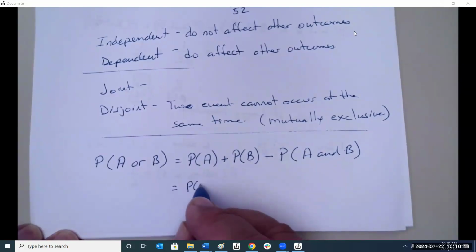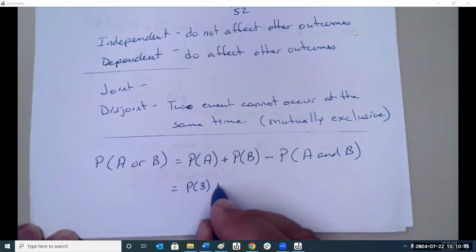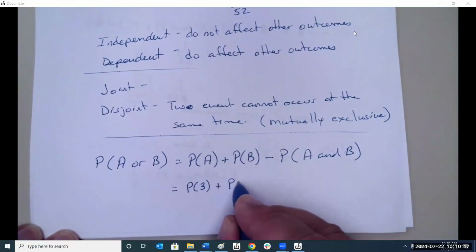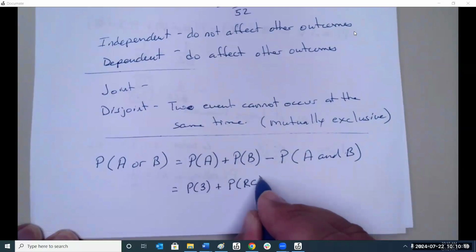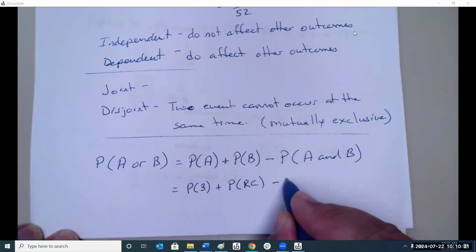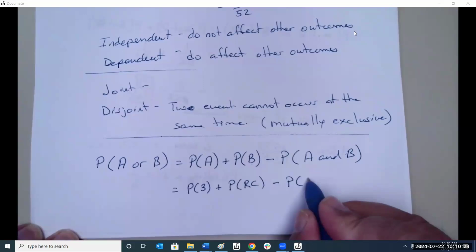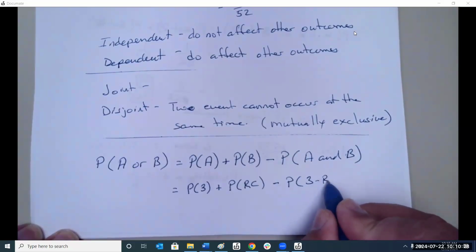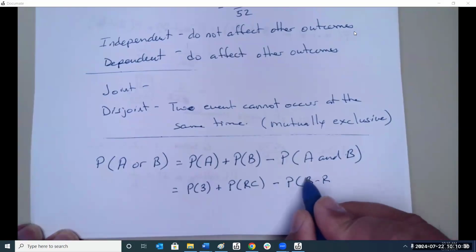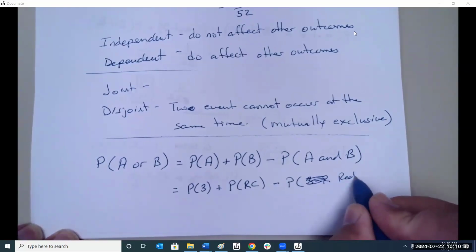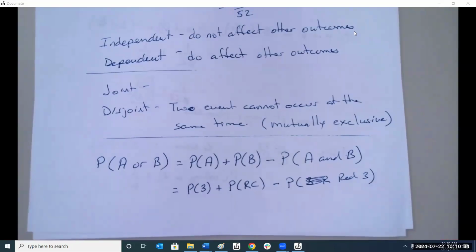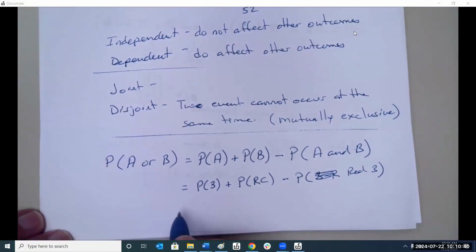So the probability of getting a 3 plus the probability of getting a red card minus the probability of getting a red 3. So that's the true formula for addition.